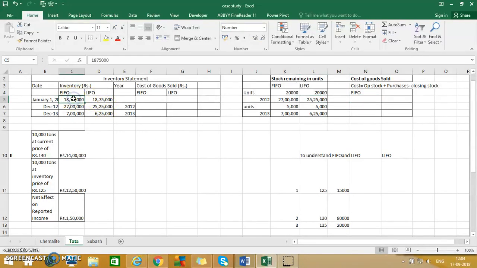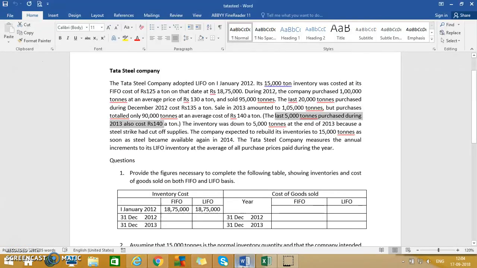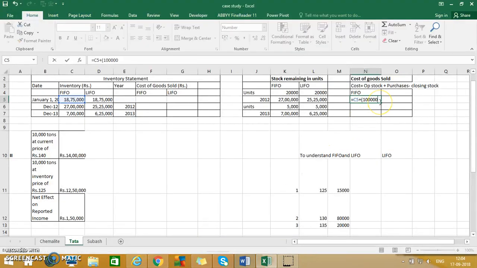We had 18,75,000. So it is equal to 18,75,000 plus what are the purchases that you did on an average? He said that you have made a purchase in 2012, you have made purchases of how much? 1 lakh units at an average rate of, he has given an average rate of how much in 2012, average price is 130. So let us take this average price into 130.